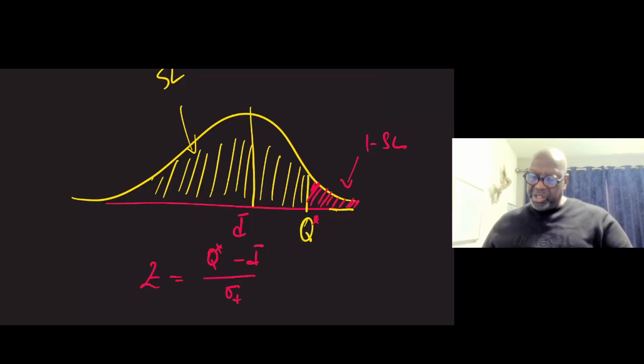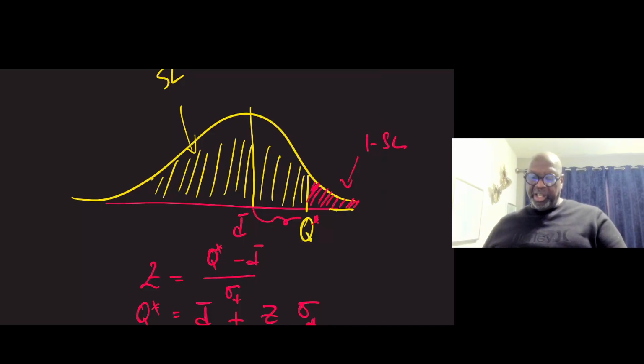And if we rearrange everything, we'll find that Q star is equal to our average demand plus Z times the standard deviation of the demand. Okay, that's essentially it. That's how we find our optimum quantity.